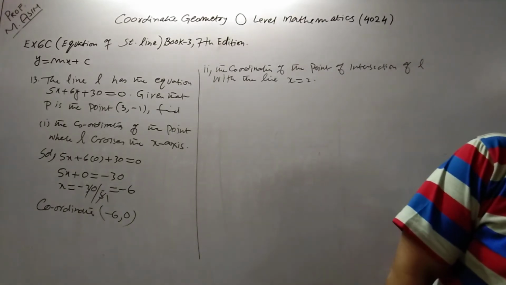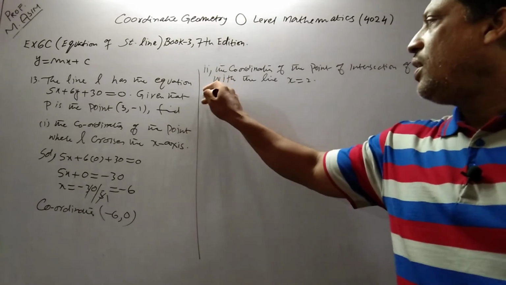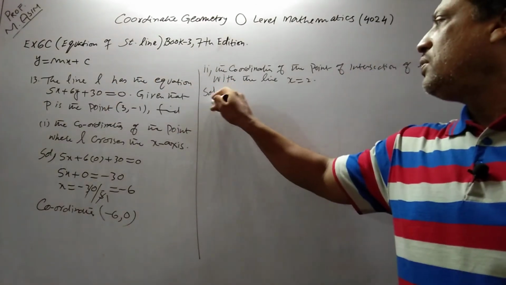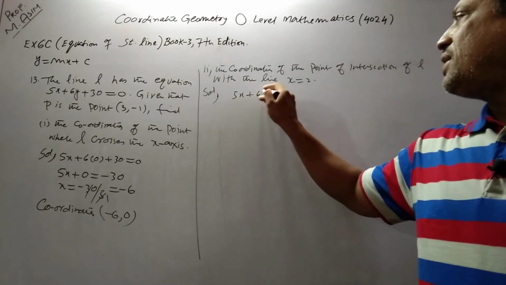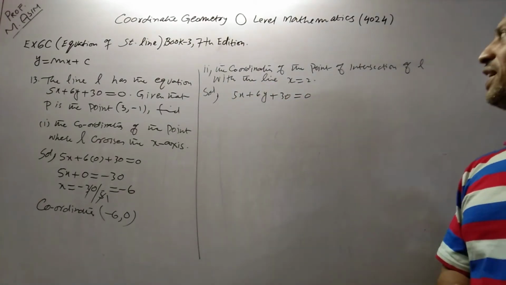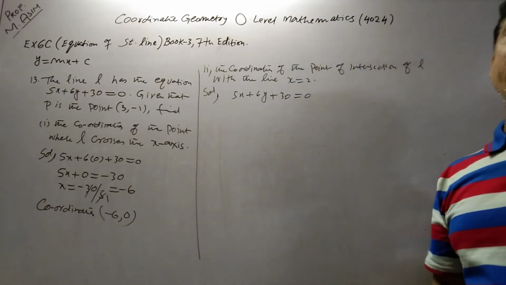It's very easy. We have to find the point of intersection where the line L is given, 5x plus 6y plus 30 is equal to 0. Student, point of intersection means to find the value of x and y. The value of x is already given, which is 2.